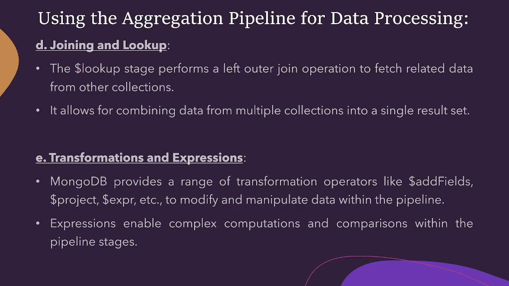Transformations and expressions. MongoDB provides a range of transformation operators like addFields. For example, if you're doing a project and you want to add a new field to describe the new value that you're adding, you can use the addFields operator, the project, the expression, etc. to modify and manipulate data within the pipeline.